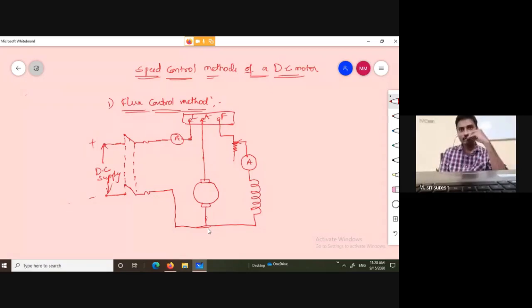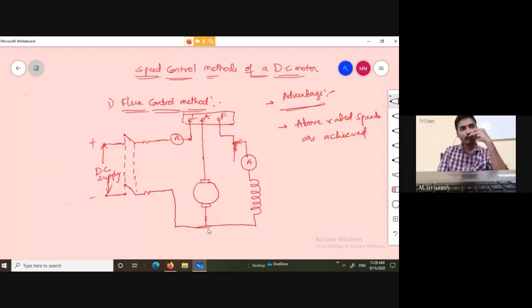In this method, above rated speeds are possible. The advantage of this method is that above rated speeds are achieved by using this control method.